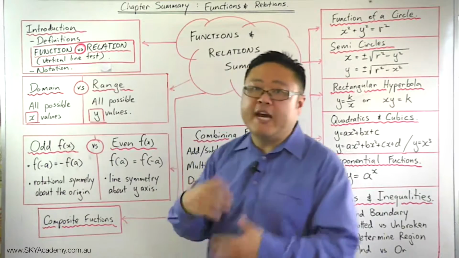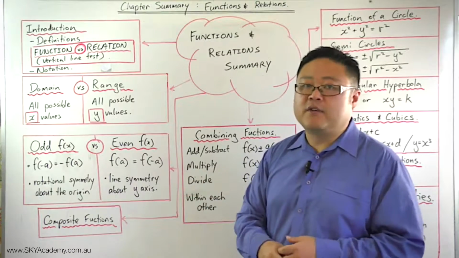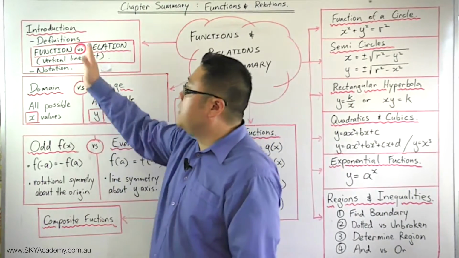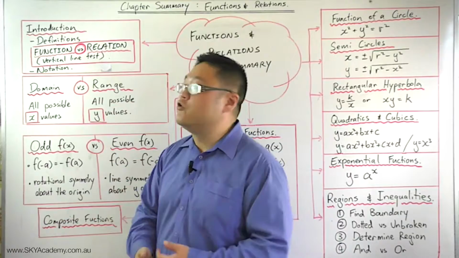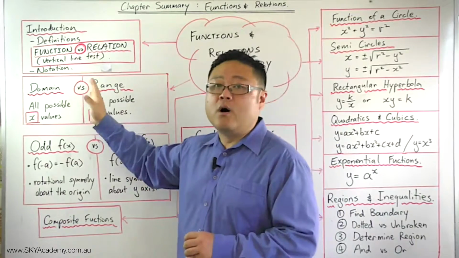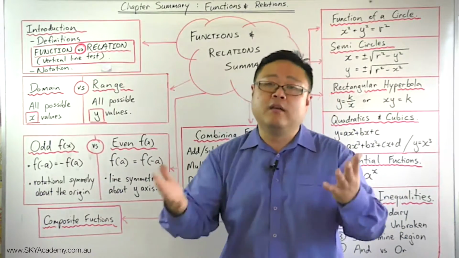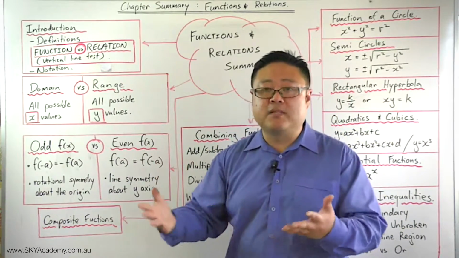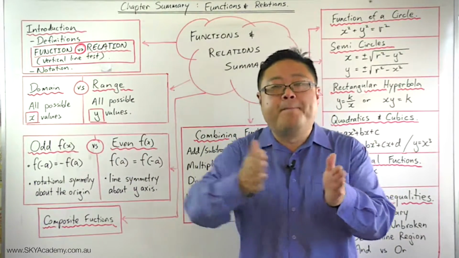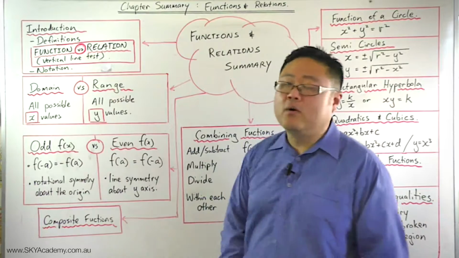We also looked at the notation of functions, because there are mathematical ways of communicating what a function is, and the various ways of doing that. After the introduction to functions and relations, the next thing we looked at was the idea of domain and range. If you want to watch back at that episode and become a little bit more clear with it, domain and range is basically the bandwidth of a function, either vertically or horizontally.